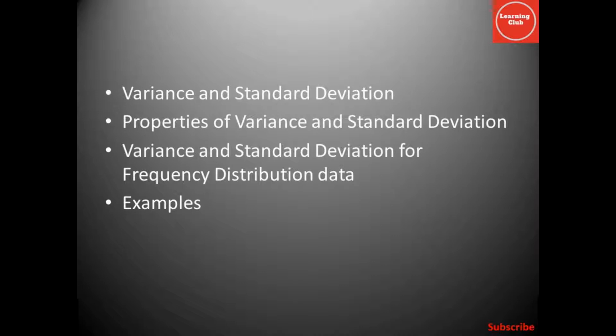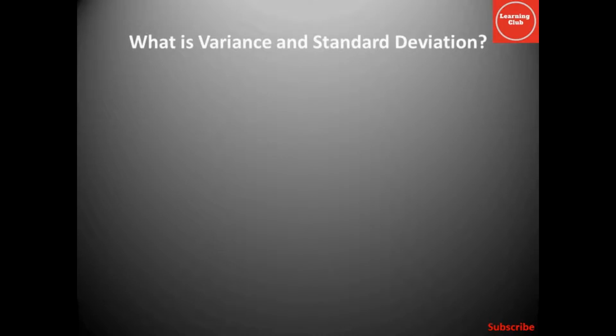In our previous video, we discussed the types of measures of dispersion and what a measure of dispersion actually is. From now and in our next videos, we will discuss variance, quartile deviation, mean deviation, range, etc. So, what is variance and standard deviation?